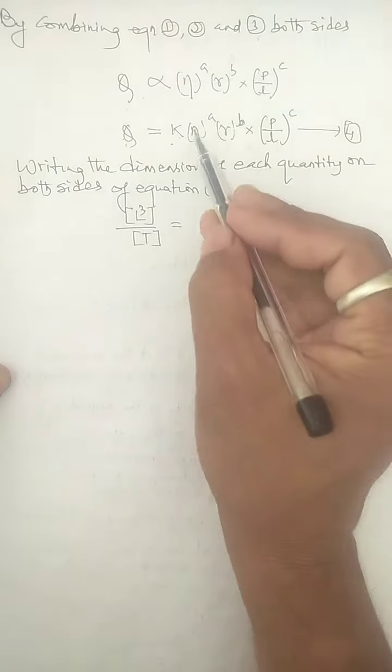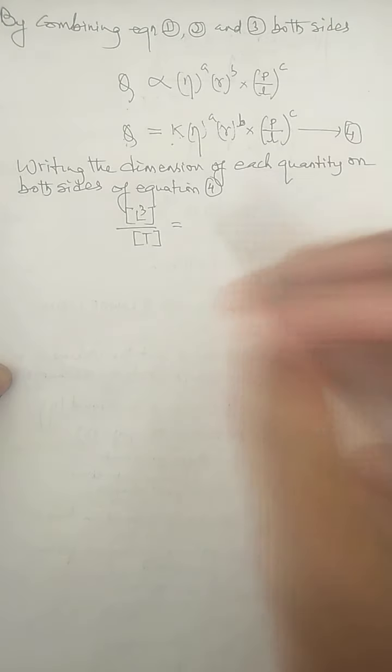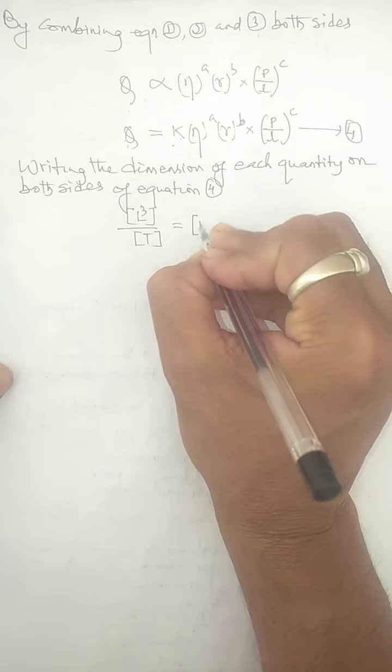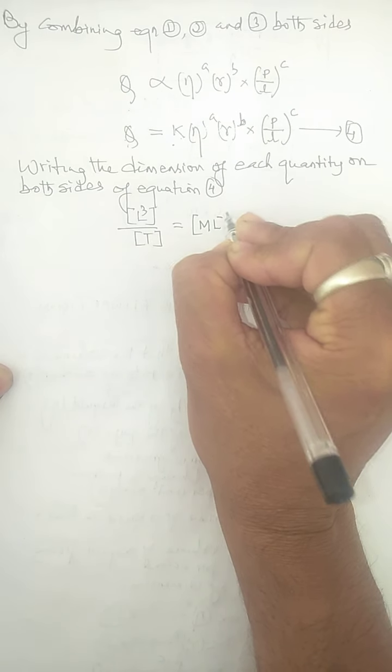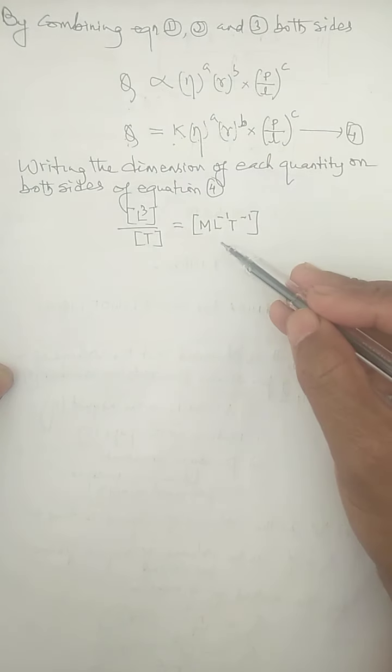Now I write the dimension of the coefficient of viscosity. I have already taught this in the last class, and I write directly that the coefficient of viscosity dimension is M L minus 1 T minus 1. Remember this, the coefficient of viscosity dimension is this much.